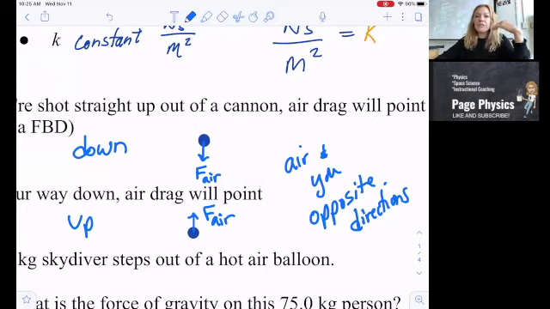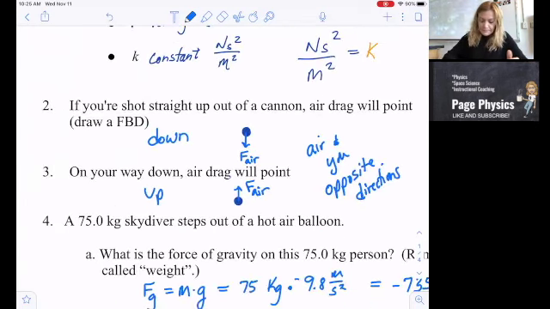Whichever way your velocity is pointing, positive or negative, your air drag is going to be opposite to that. If you're having a hard time figuring out whether your velocity should be positive or negative, think about the air drag, and it'll be the opposite of that. That's a good way to think about it.